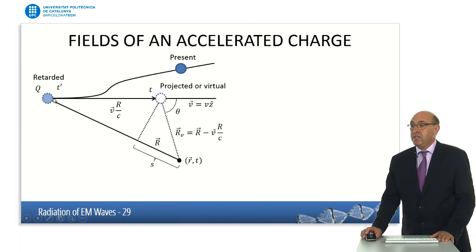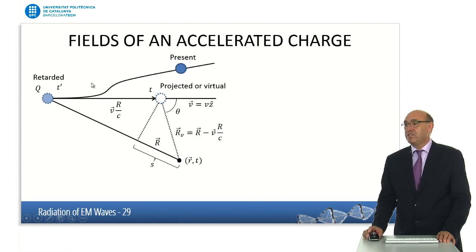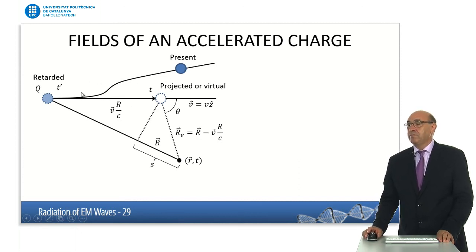And this is something that we can do, and then we may say that this is a virtual point or a projected point where we may think the charge is if it moves with constant velocity. But in real life, the charge is not there. The charge is somewhere else, probably at this point, because the trajectory is not this one.